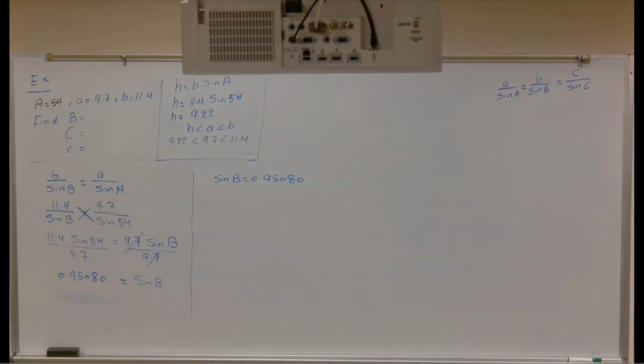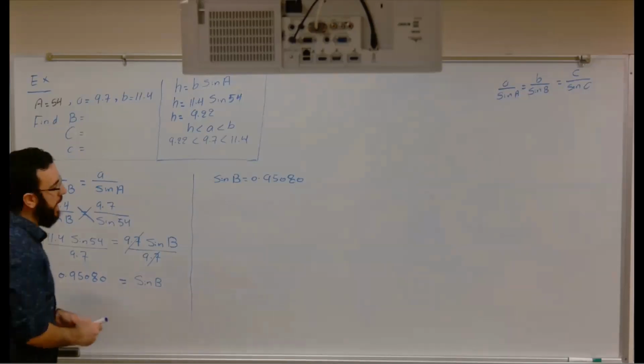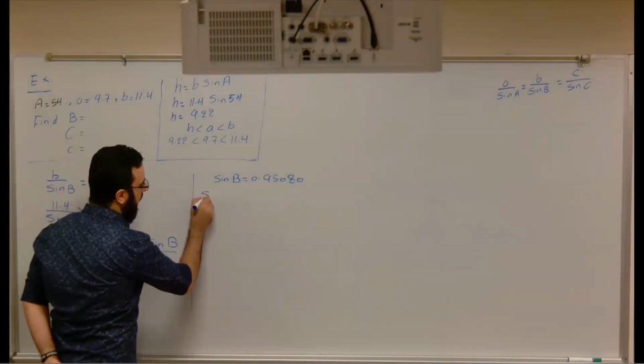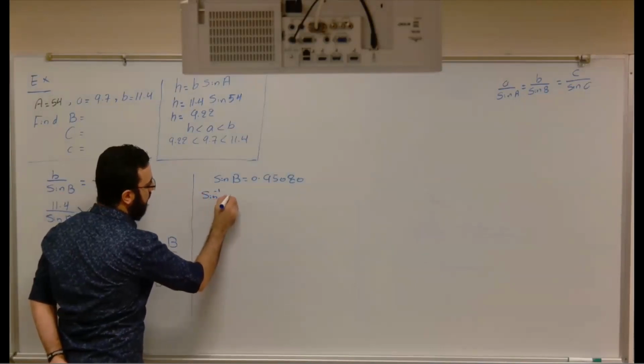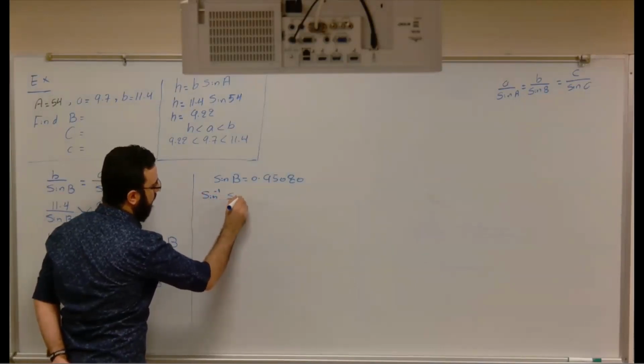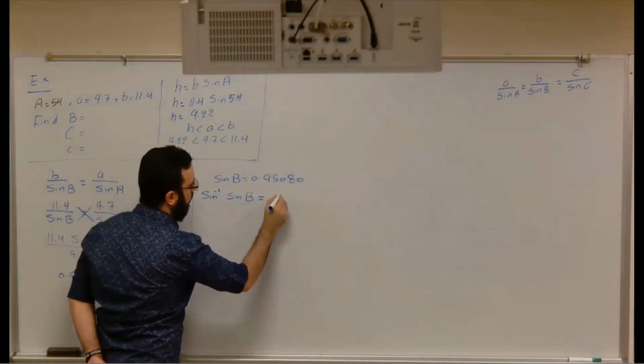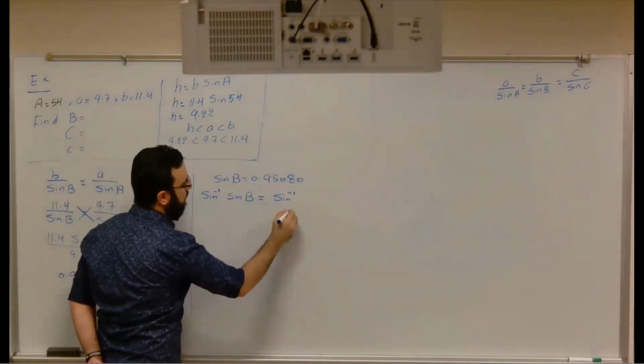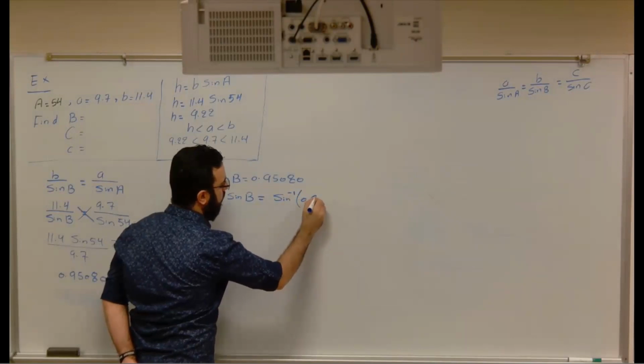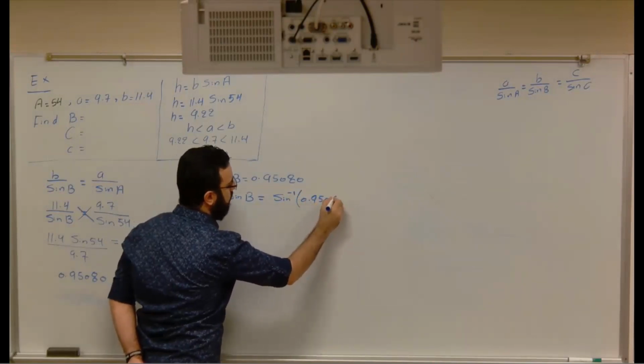What am I going to do? What's the opposite angle for the sine? Arc sine, which is the sine inverse. Yes or no? So if I take sine inverse for both sides, sine inverse of sine B equals sine inverse of 0.95080.